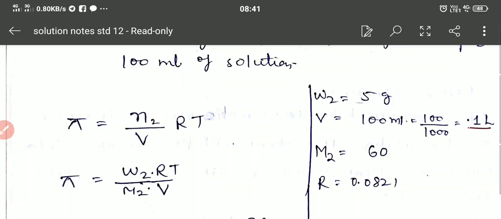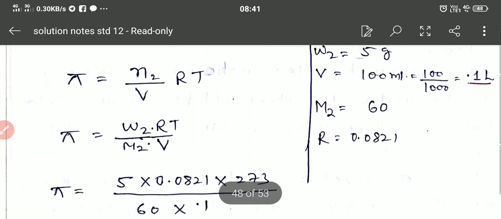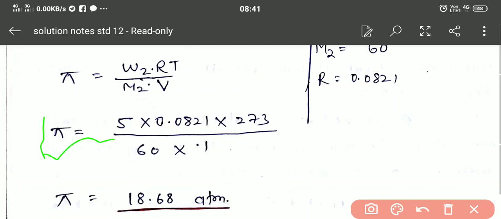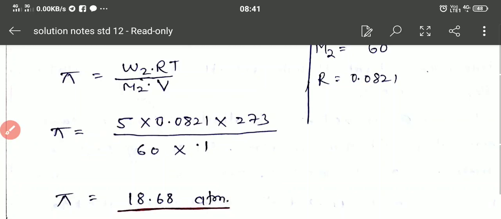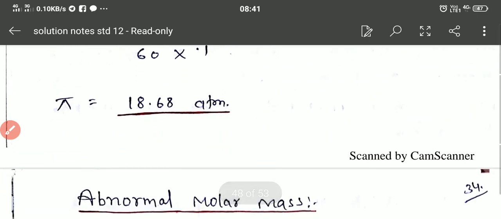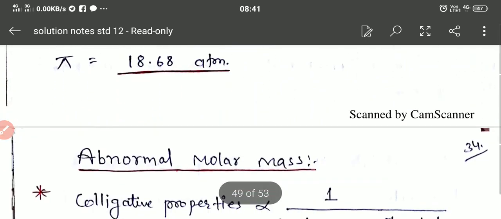We know the value of W2, that is 5 gram, volume is 100 ml, that is 0.1 liter, M2 is given already 60 gram, R is 0.0821. As we put these values, we get the osmotic pressure, that is 18.68 atm. The unit of pressure is atm.